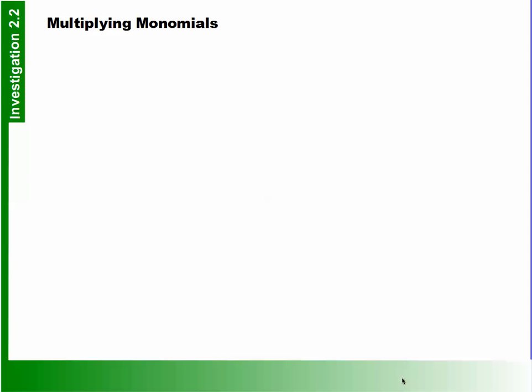It means one. So mono means one. Nomial means term. So we're talking about things that have one term. And you'll remember that terms are going to be separated by addition or subtraction signs, not multiplication and division.